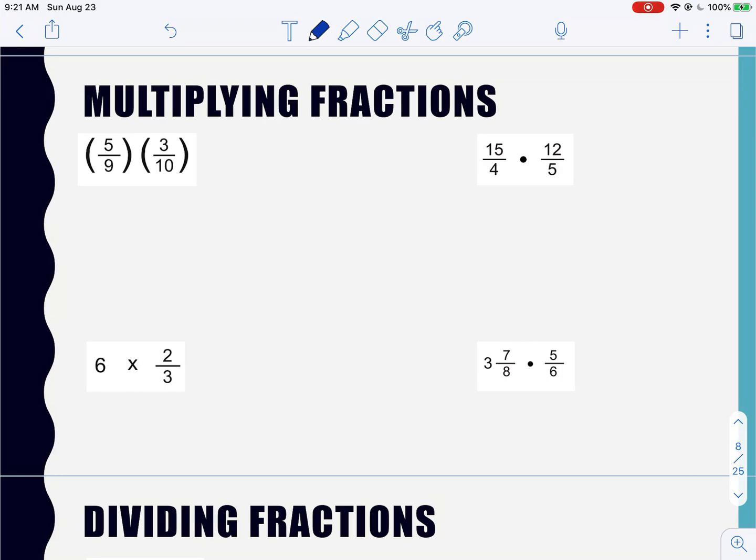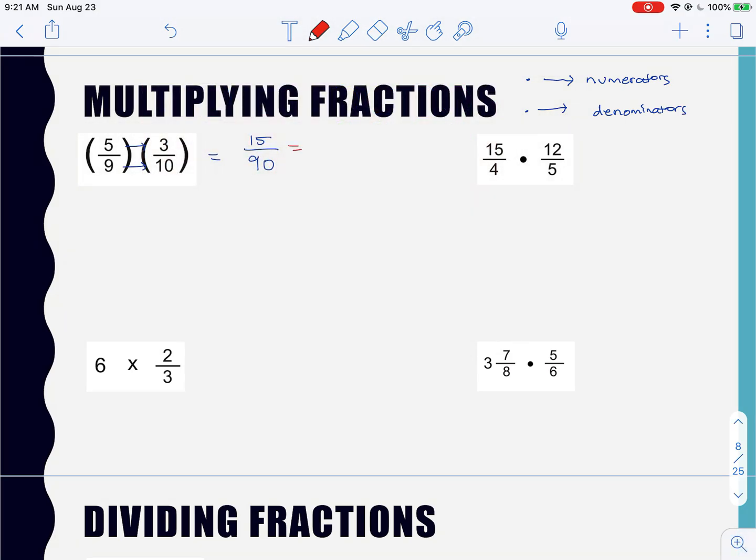Multiplying fractions. When we are multiplying fractions, this is the easiest operation to do. You multiply straight across the numerators, which is the top of the fractions, and you multiply straight across the denominators, which is the bottom of the fractions. So for the first one, we can take 5 times 3 over 9 times 10, so we would have 15 over 90, and then you can reduce.